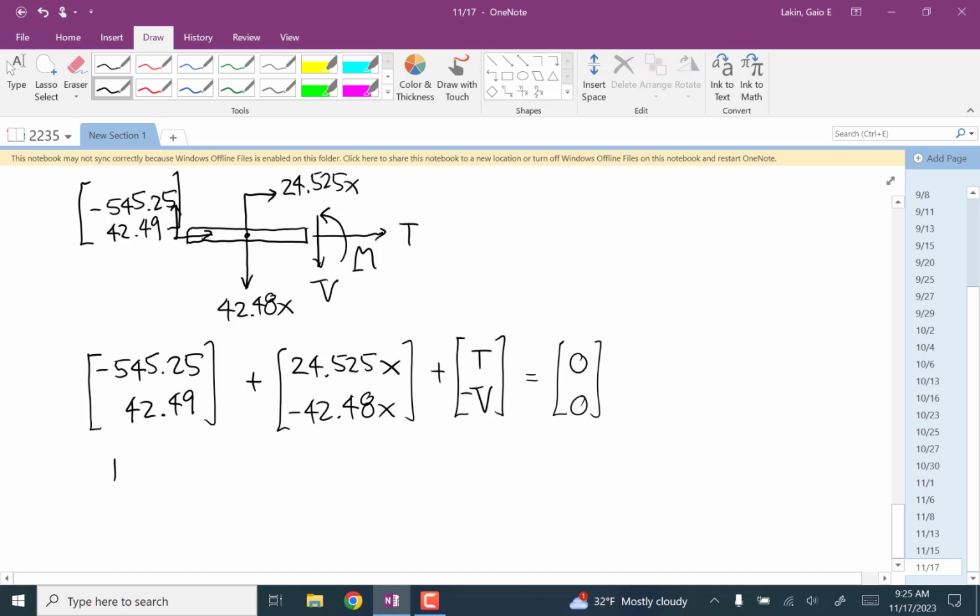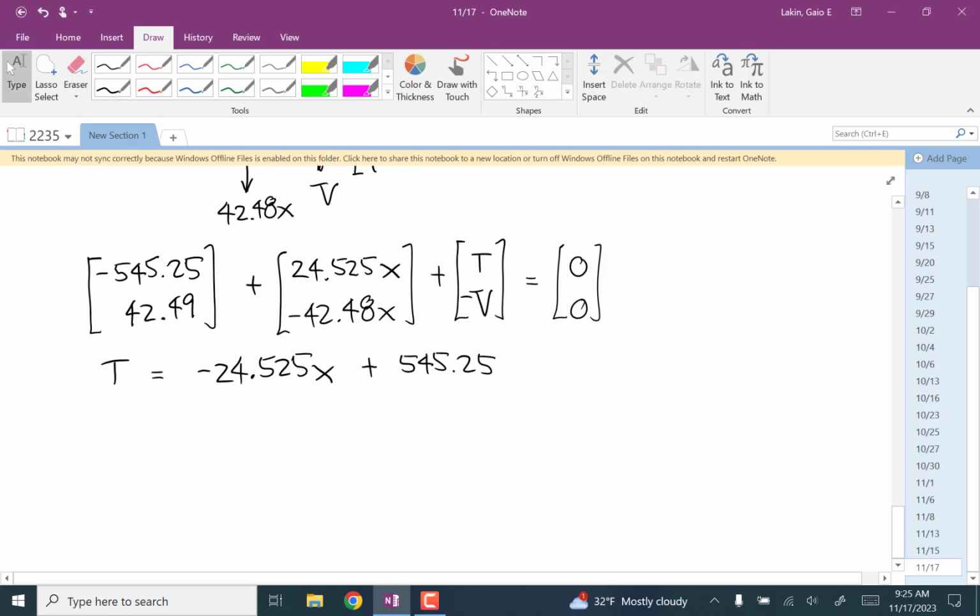And so your internal tension is negative 24.525x plus 545.25. Your internal shear force is negative 42.48x plus 42.49.